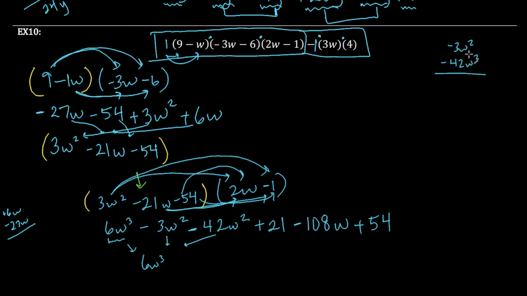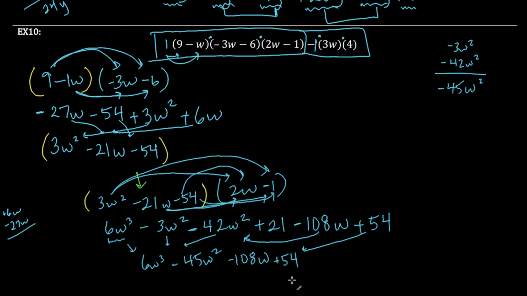I take away 3 of these and I take away 42 of these, so I take away 45w squareds. And then remember the w's would come next. Those just slide in right here. 108w, and then I have this plus 54 just relaxing over there.